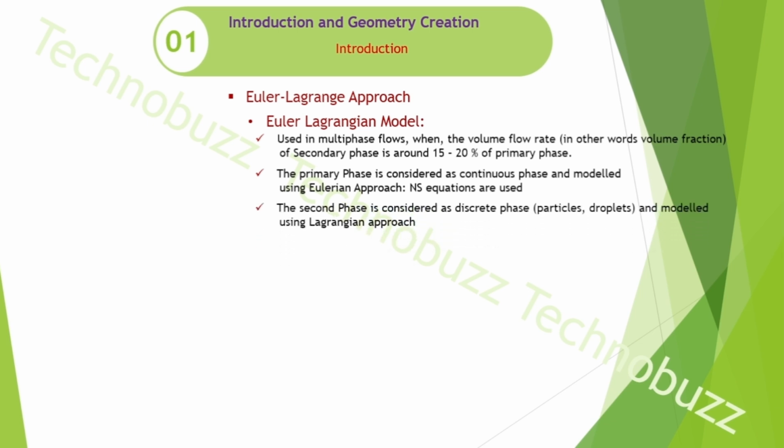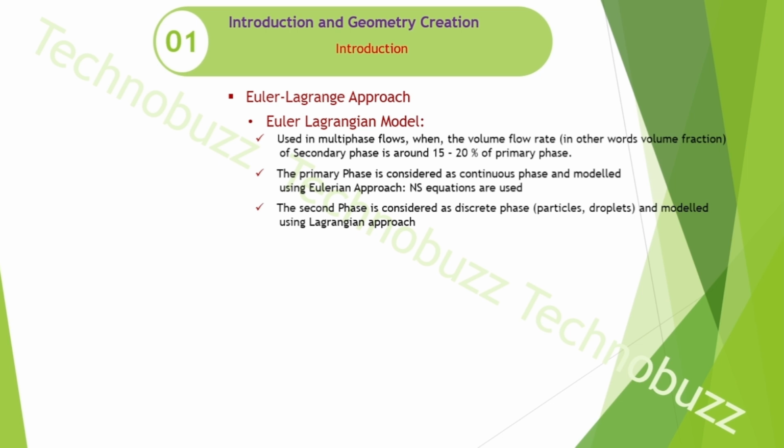Now, consider two fluids. If the volume fraction of the second phase is around 15 to 20% or less, then this fluid ceases to be continuous and breaks into parcels of droplets. In other words, it loses its continuity.